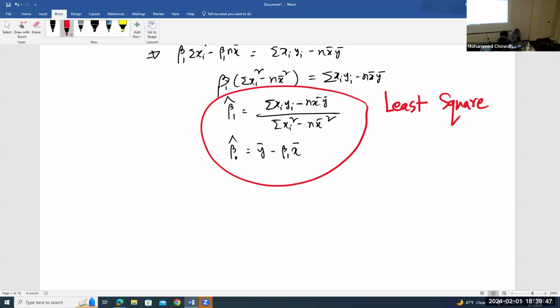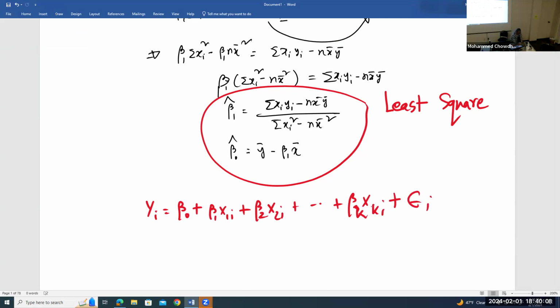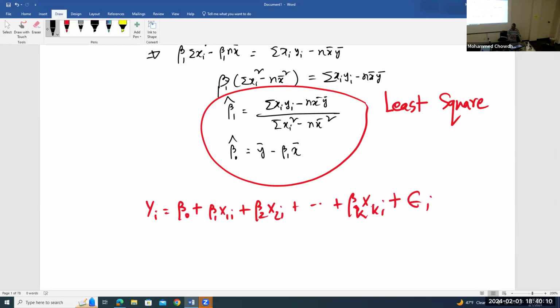This is the simple linear regression. But how can I solve the linear regression when it looks like this: beta 1 x 1i, beta 2 x 2i, and all the way to beta k x ki, plus epsilon i? How can I do that?